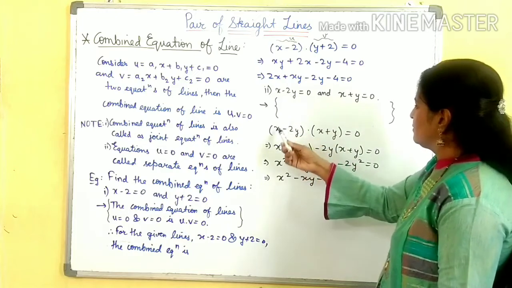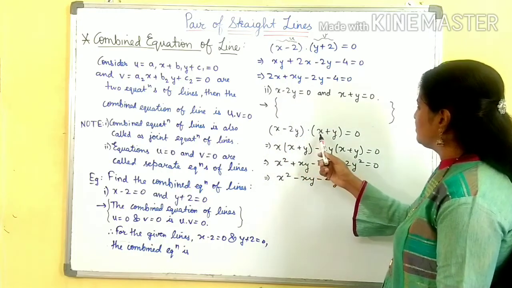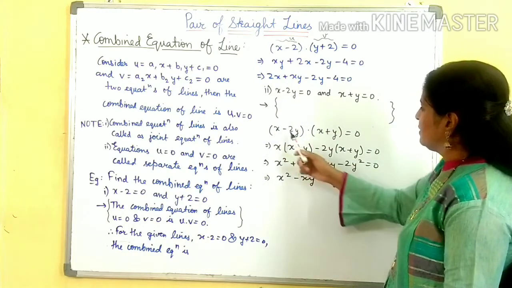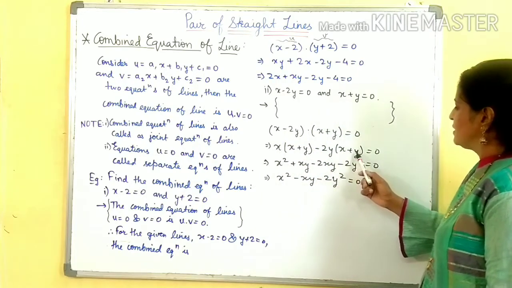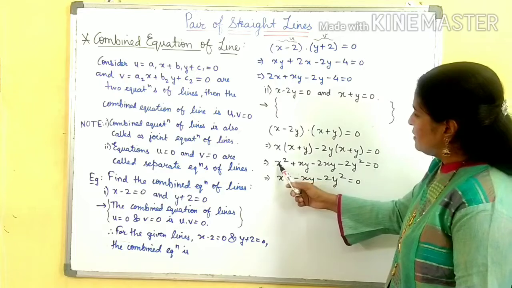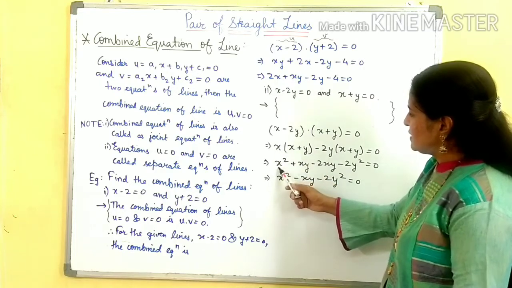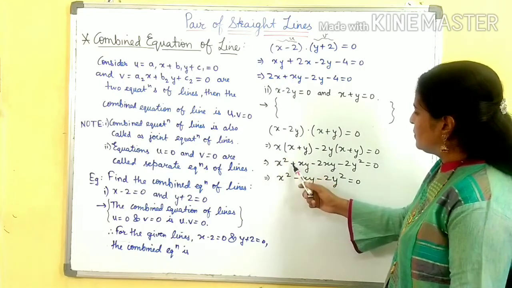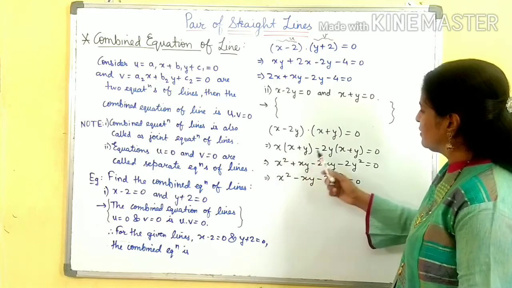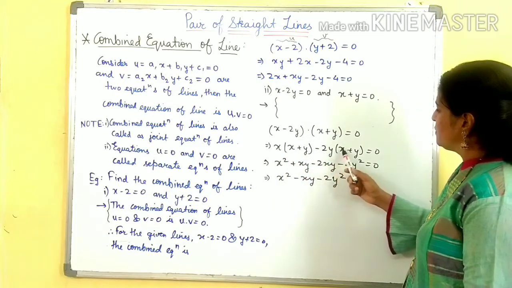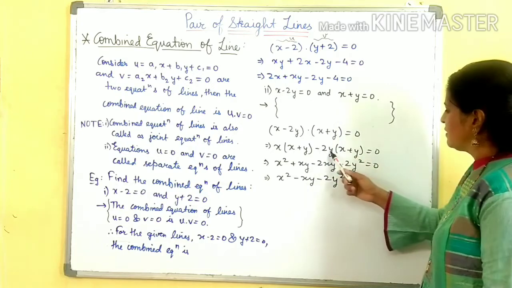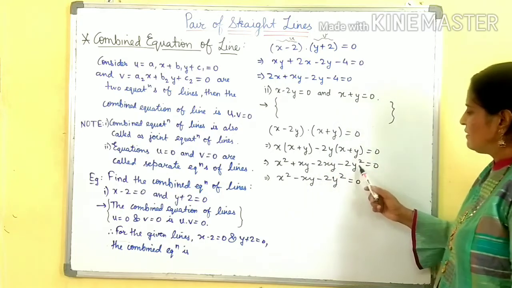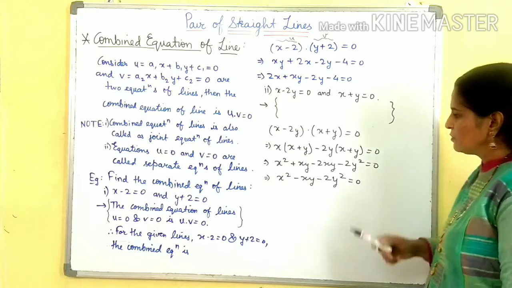First bracket, first term x multiplied by x plus y, minus 2y multiplied by x plus y. So we get x into x as x square plus xy minus 2xy minus 2y square. Y into y is nothing but y square is equal to 0.